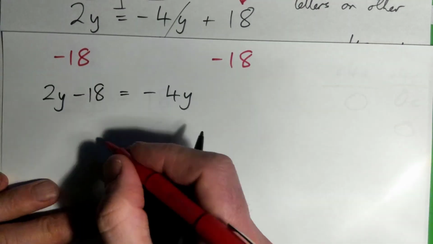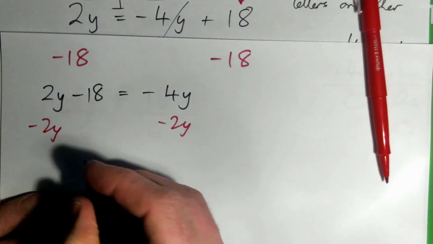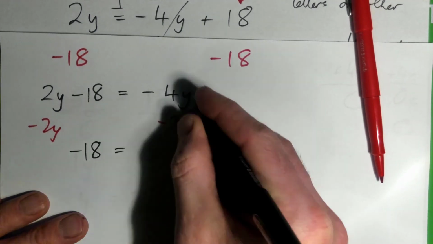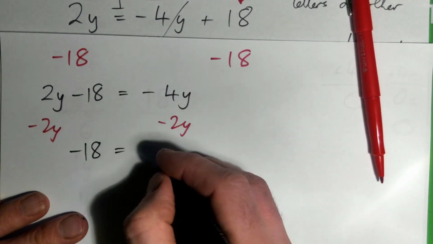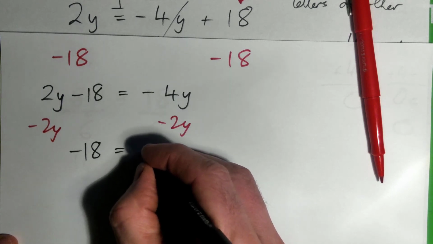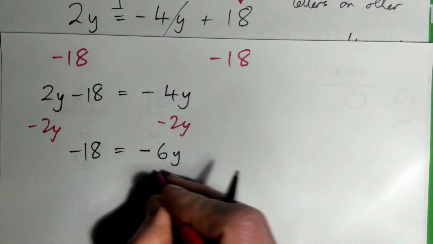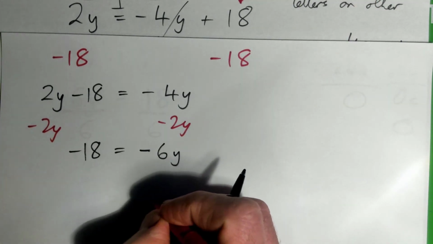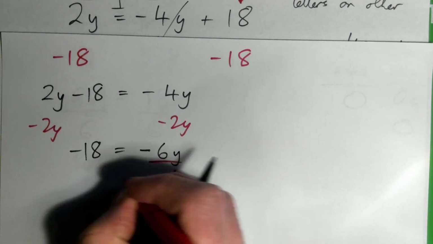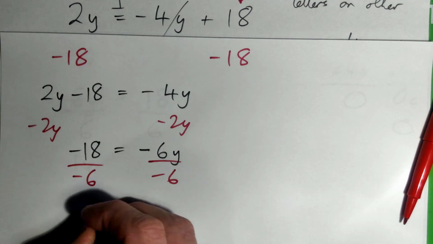And then you could subtract 2y from both sides, and then you get negative 18 equals negative 6y. To get y on its own, divide by negative 6. Negative 18 over negative 6 is 3. So 3 equals y, right?